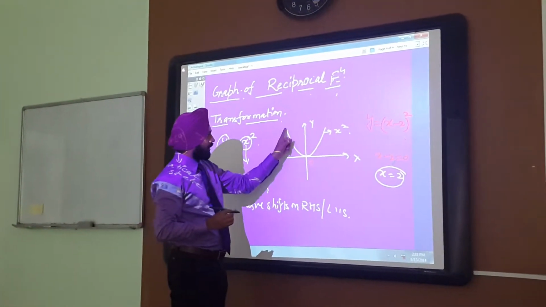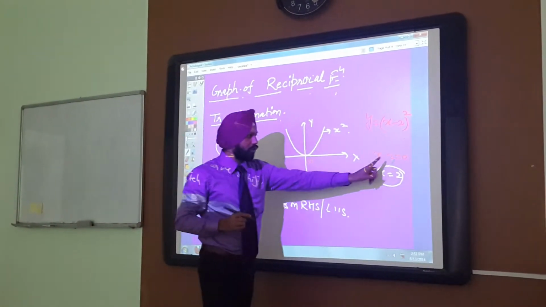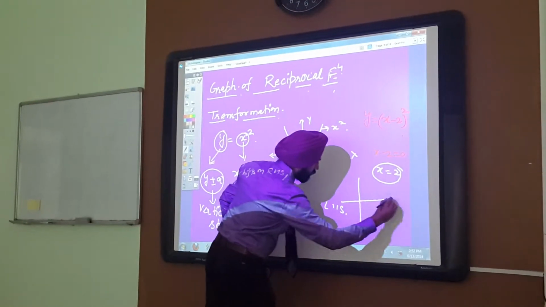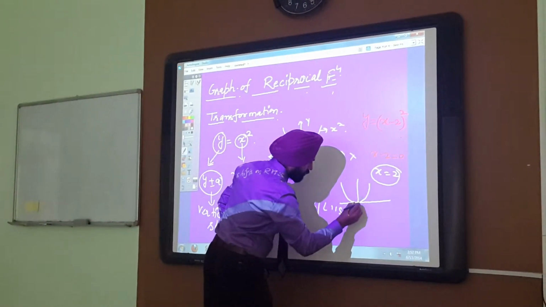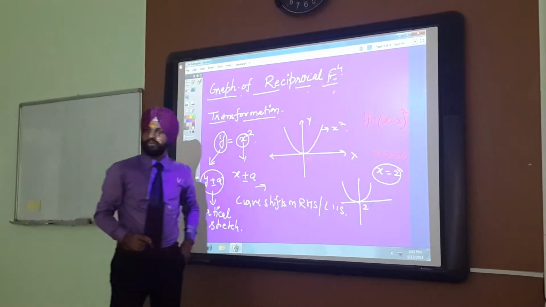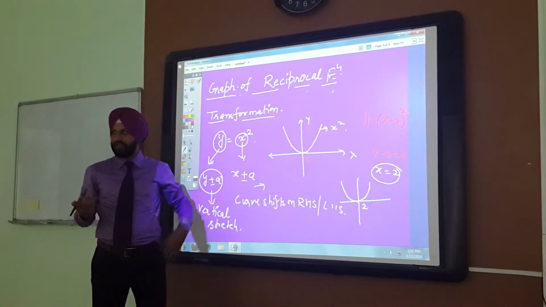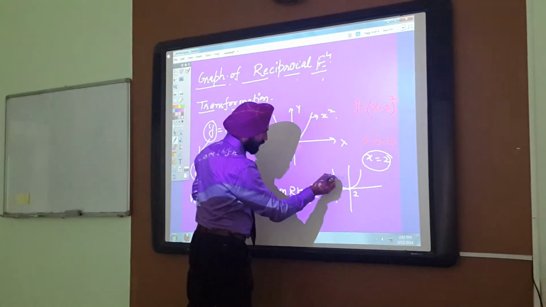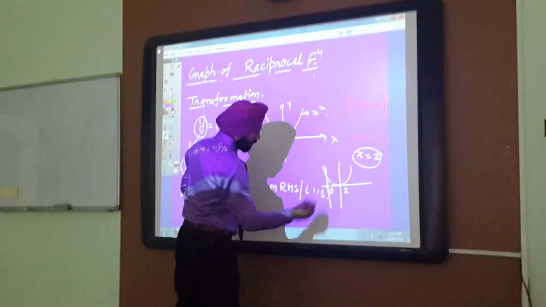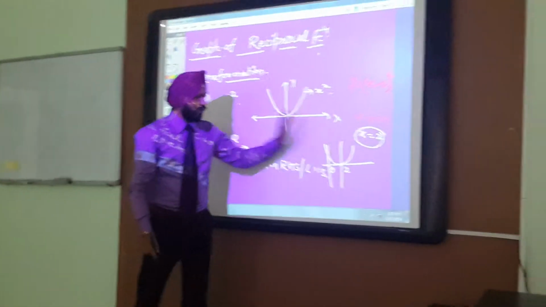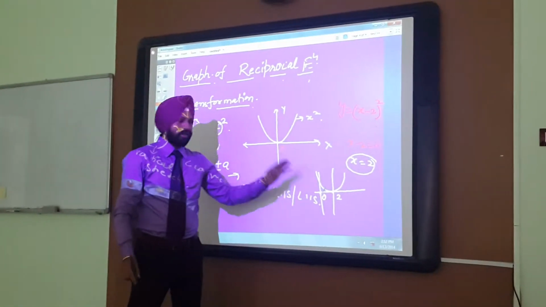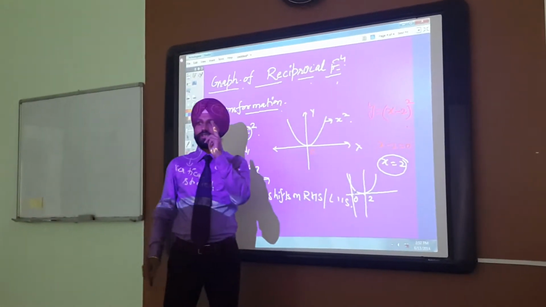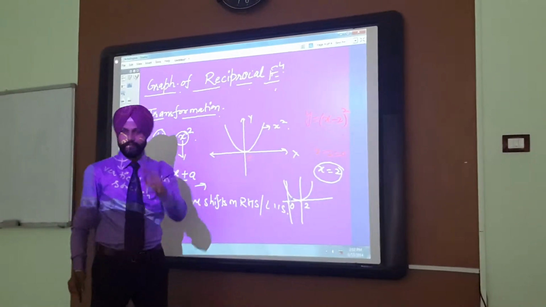It means now the curve will touch not 0 but at 2. So if you plot this curve, it is not 0, it is 2. Now where is 0 then? 0 will be on the left side. So this is 2, so let's say it is 1, so it is 0. So now what is the difference in this and this? Only the curve shifted on right side by 2 units. Okay?